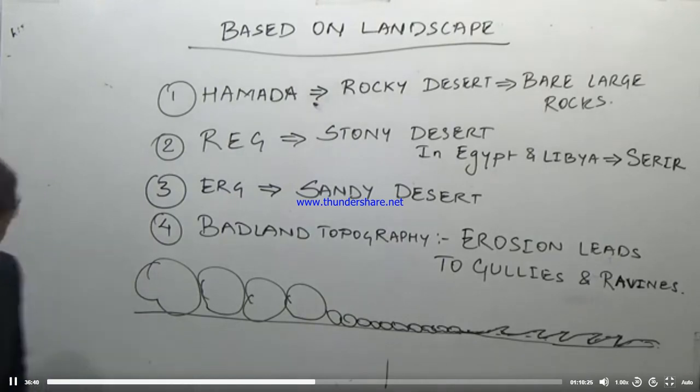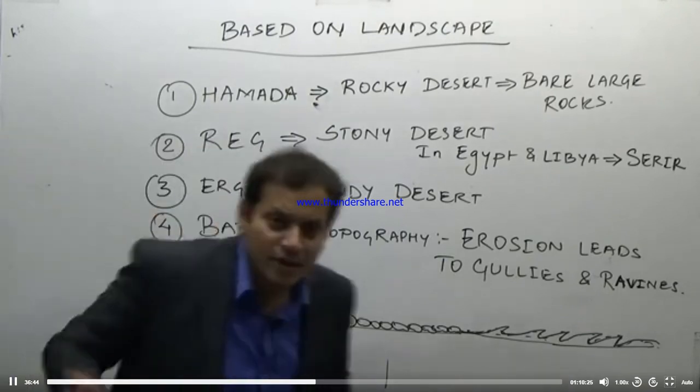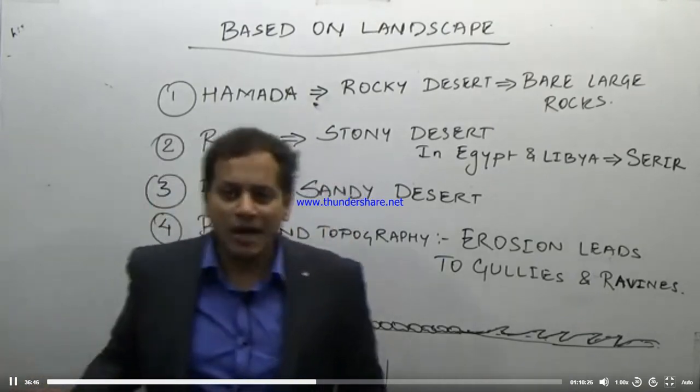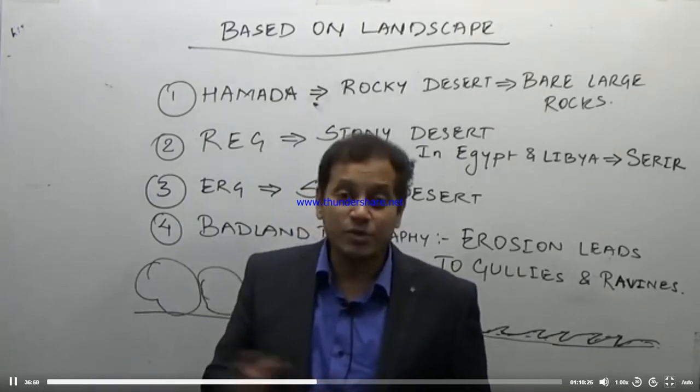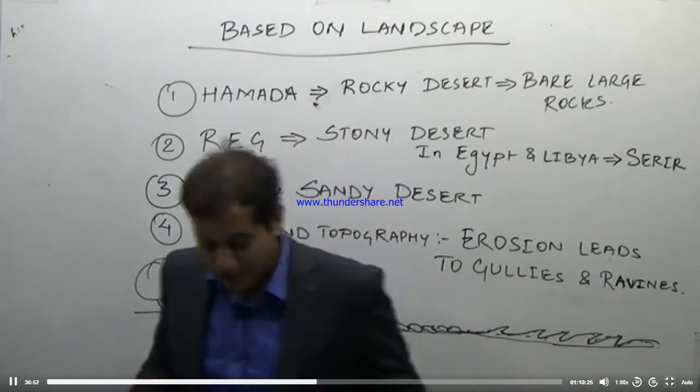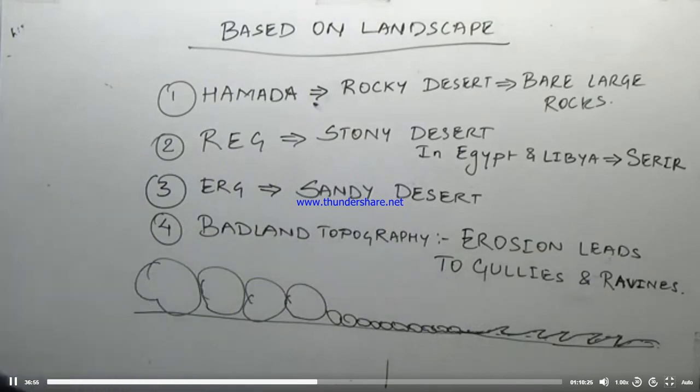Now how does the erosion in the deserts take place? The desert landforms are due to both erosion and weathering. Weathering will first weaken the landforms, erosion will transport them. So how does desert erosion take place? It is very different from fluvial erosion.